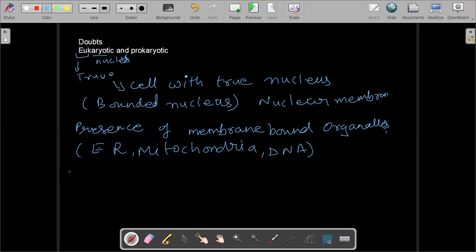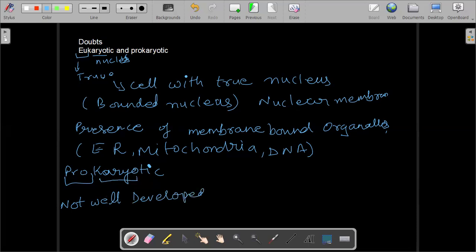Whereas for prokaryotic cells, pro means not well developed. It is at the stage of development. Karyo means nucleus again.